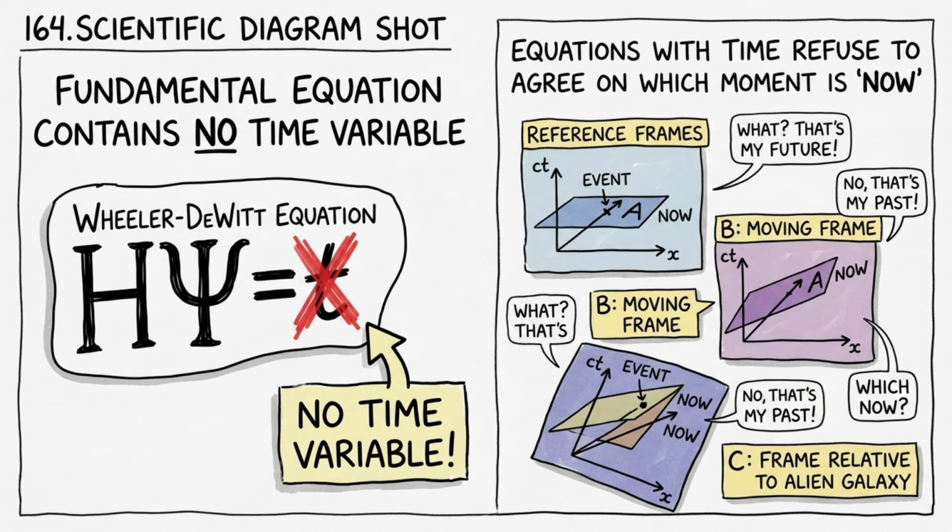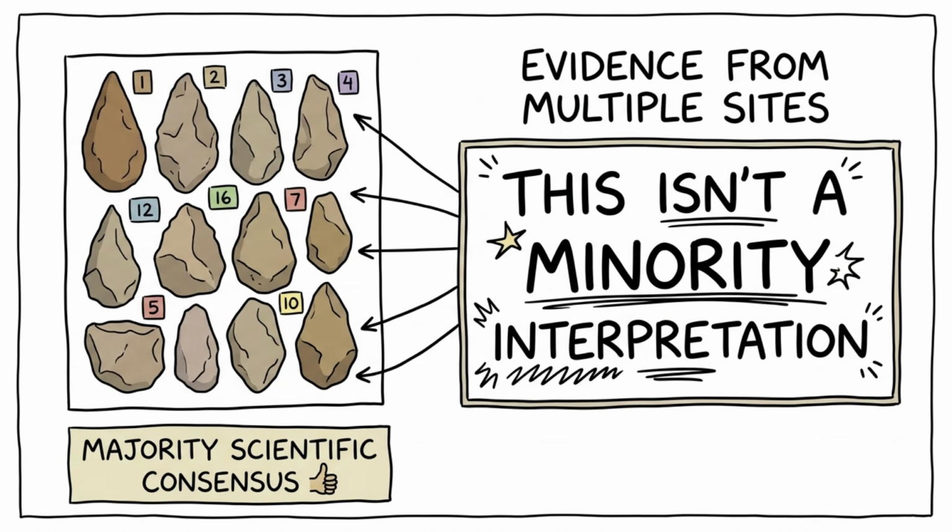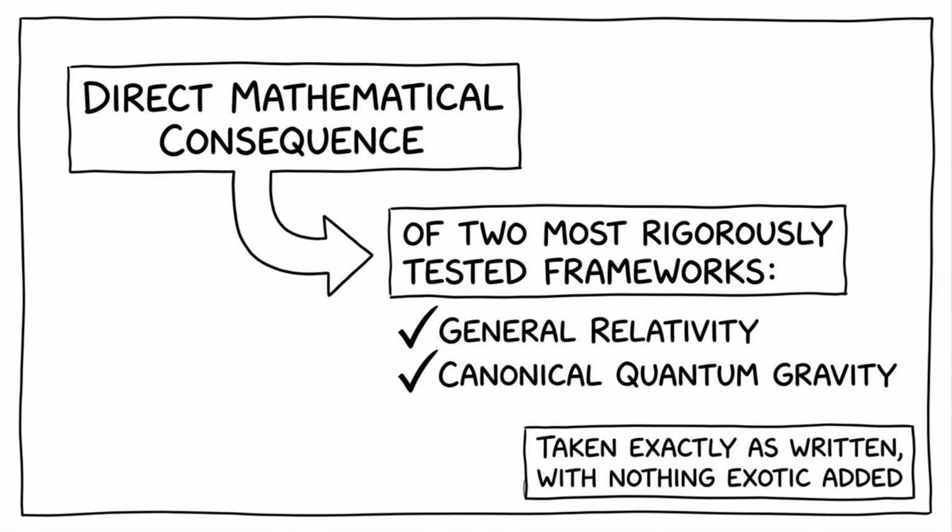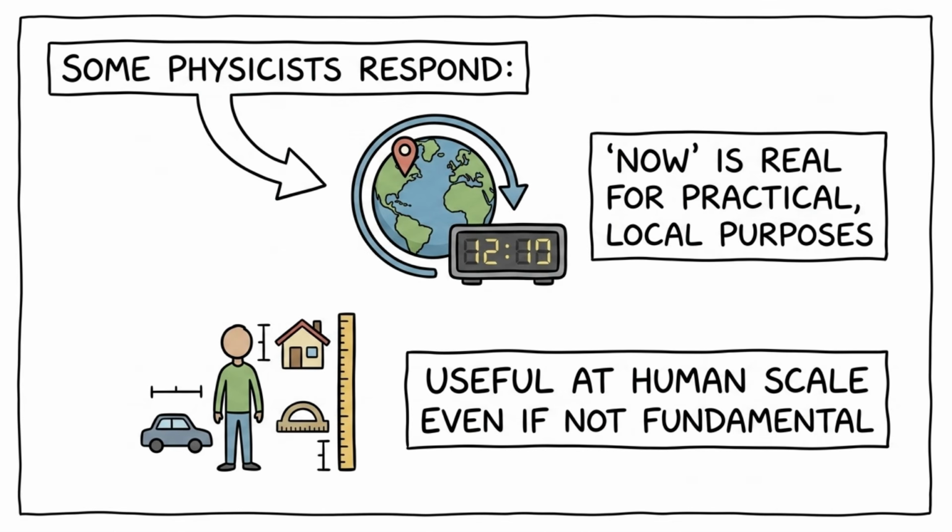The fundamental equation contains no time variable, and the equations that do contain time refuse to agree on which moment counts as now for different observers. This isn't a minority interpretation. It's a direct mathematical consequence of two of the most rigorously tested frameworks in physics, general relativity and the constraint structure of canonical quantum gravity, taken exactly as written, with nothing exotic added.